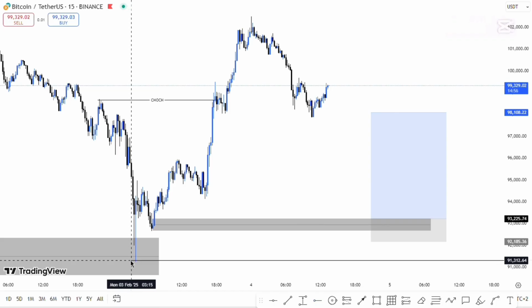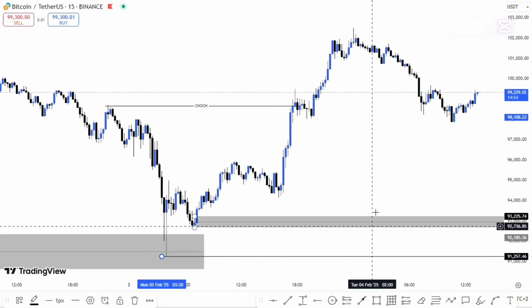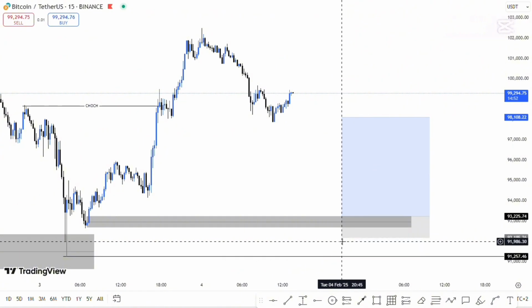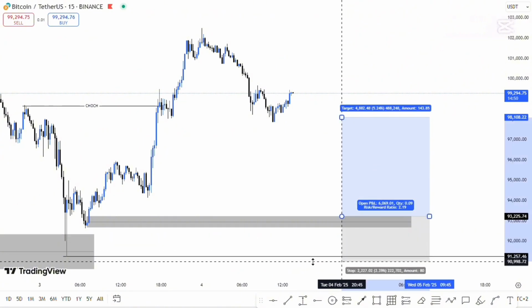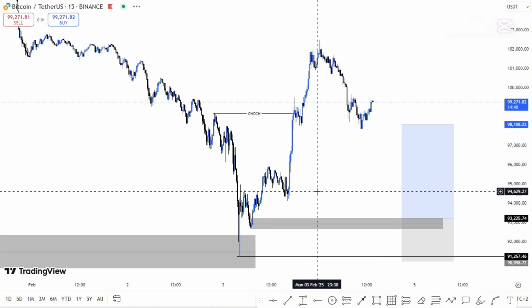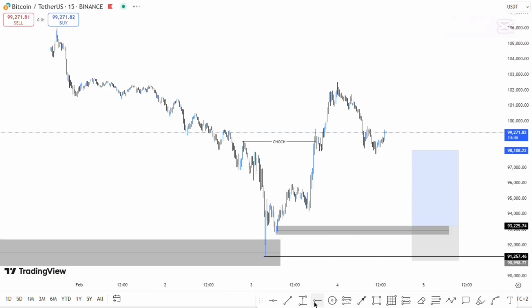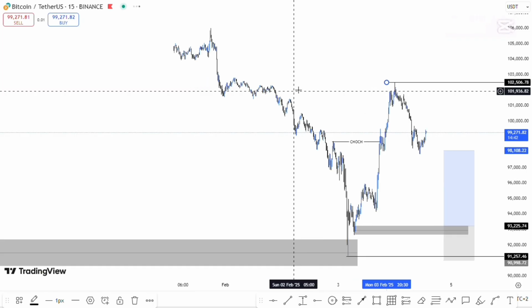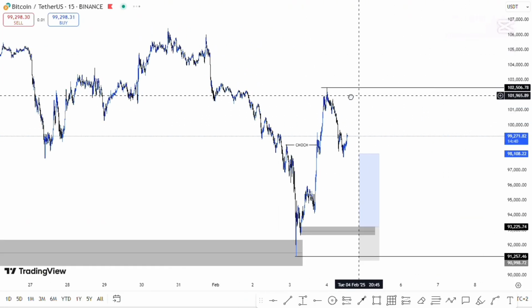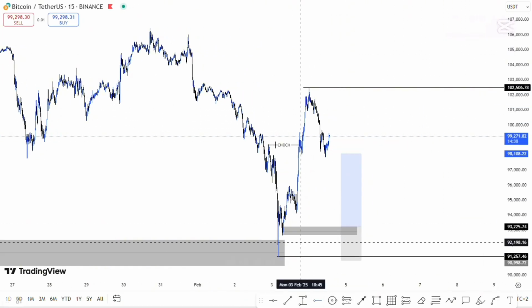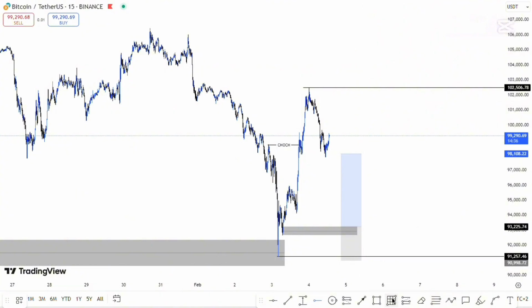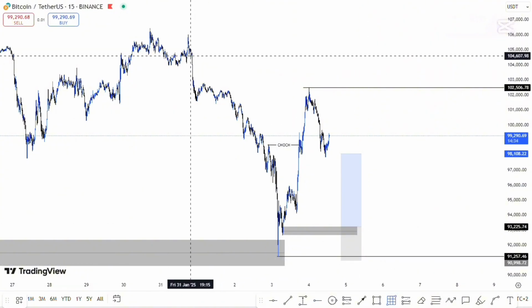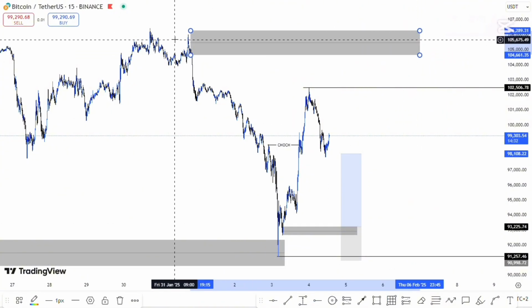So now our stop loss will be right below the last rejection wick. We'll be targeting the high. So we can target this bearish order block.